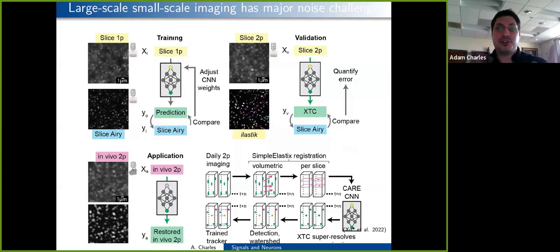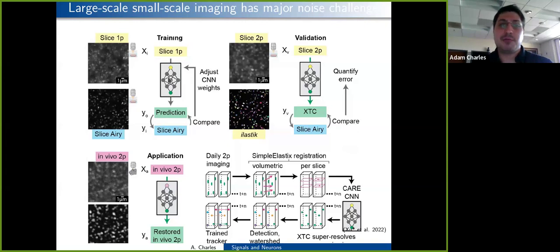This allowed us to create the ideal training set to train a neural network, in our particular case, a UNet, based off of the CARE algorithm that was developed and released a few years prior. And we're able to then, given in vivo two photon data, feed it into the same network as if it was this blurry one photon data.